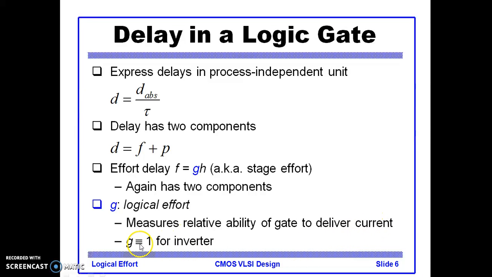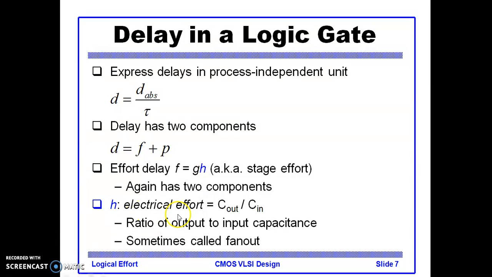We will find out what this G is. G is equal to 1 for an inverter. We shall take some examples and try to identify the value of G for different gates. And H is nothing but the electrical effort, which is C out by C in, the ratio of output to input capacitance, sometimes also called fan out.